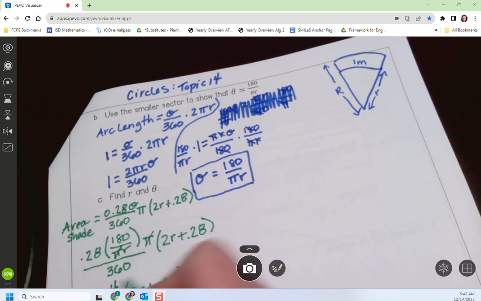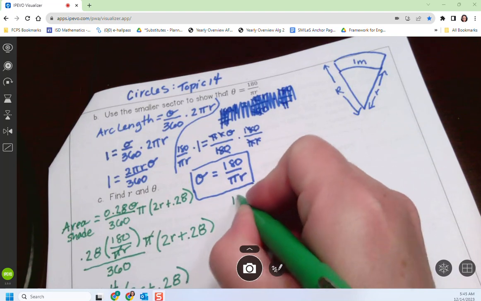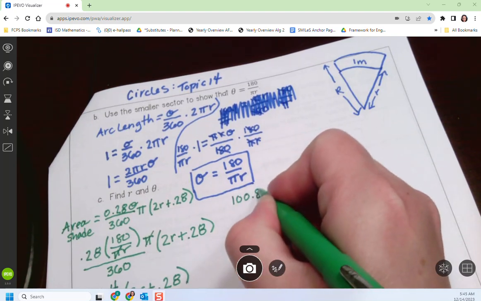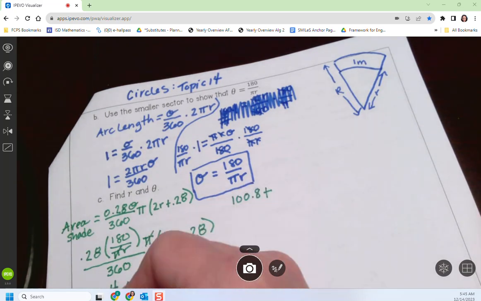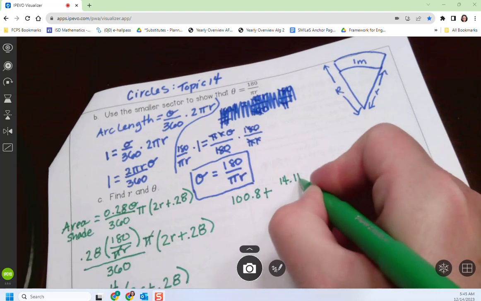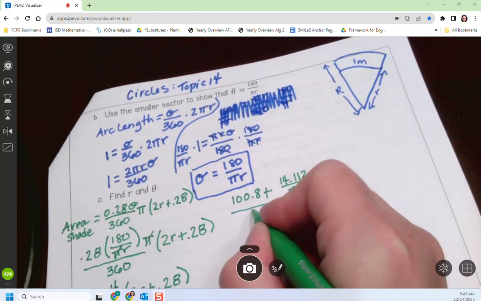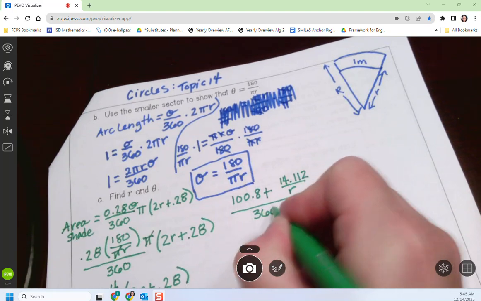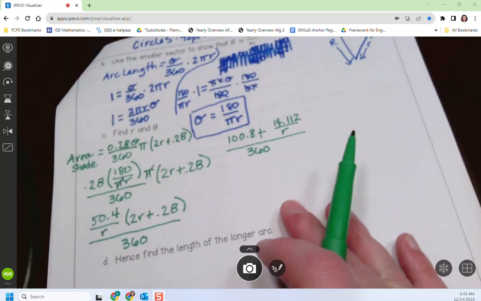And then I can distribute this. So when I multiply these, the r's cancel out, and I get 100.8 plus, and then when I multiply this, the r ends up in the denominator, so 14.112 over r, all over 360.